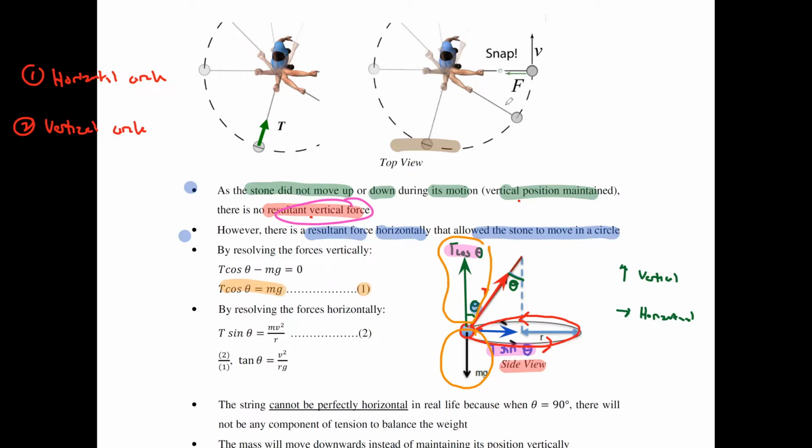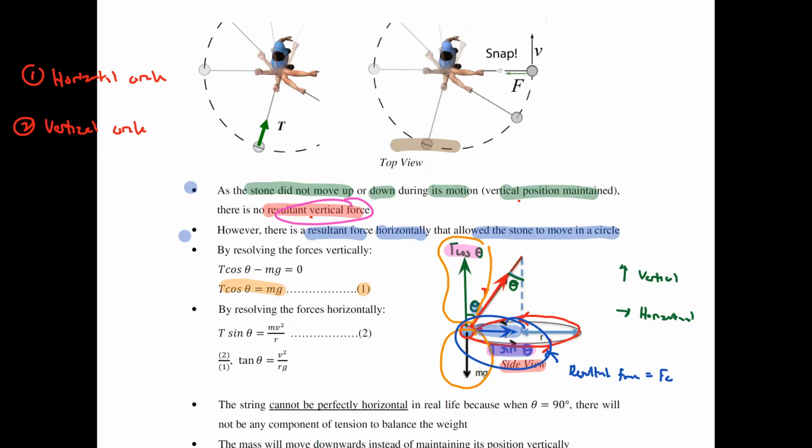This is the first relation that you can see from here. But then when you move on to the horizontal motion part, you will notice that T sine theta is the only force acting here. It doesn't seem to be balancing anything else. So this one here is your resultant force, which is acting as your centripetal force.